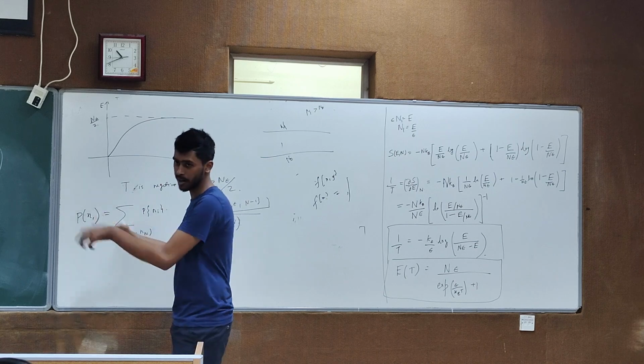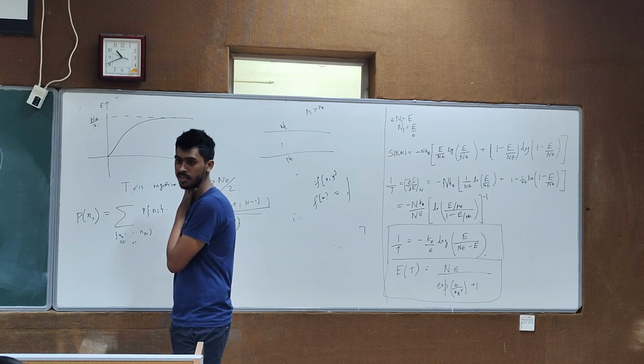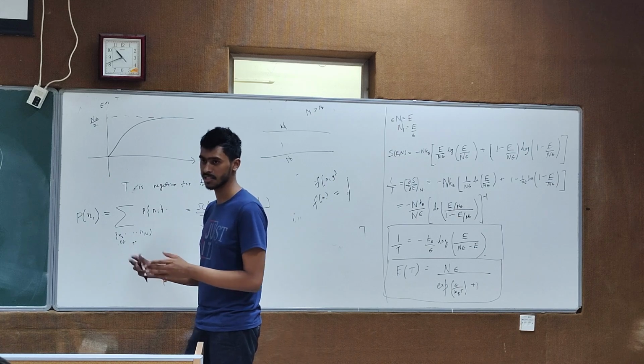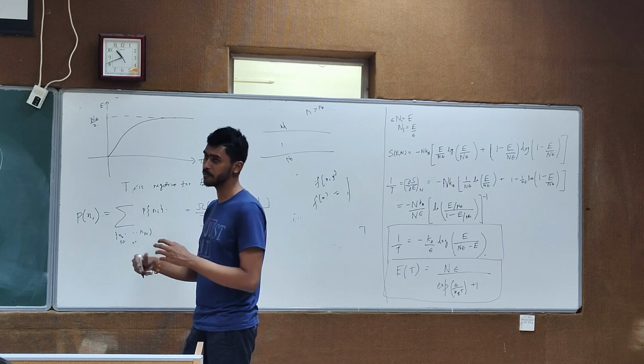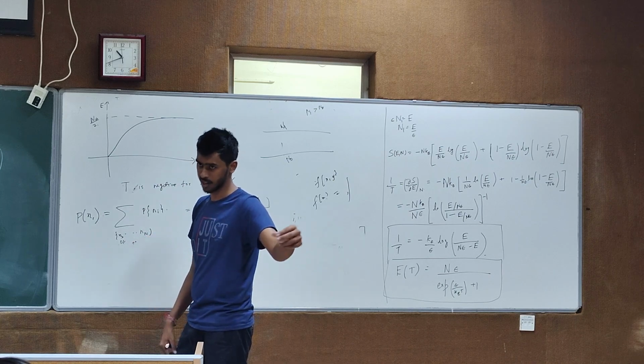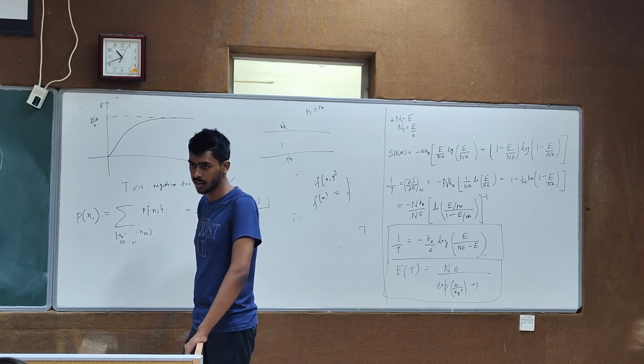So you can permute. So your remaining n minus 1 particles can be in many different configurations while keeping your n1 constant. So you have to sum over all those configurations.